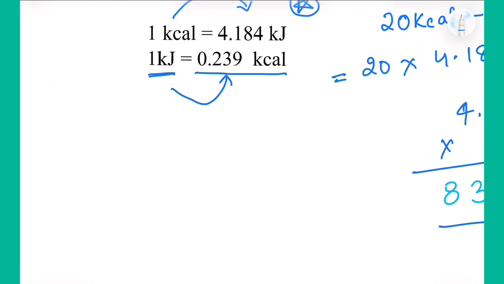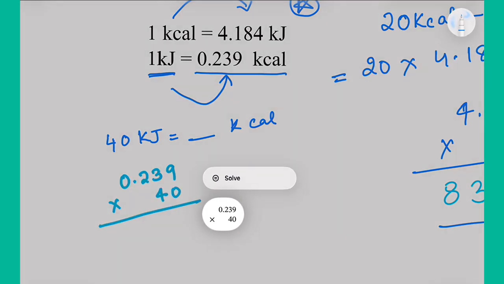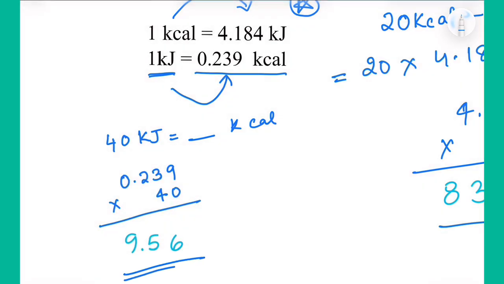Similarly, if you have any data in kilojoules, for example 40 kJ, which you want in kcal, then you need to multiply 40 by 0.239. So it is 9.56 kcal, which is very few calories.